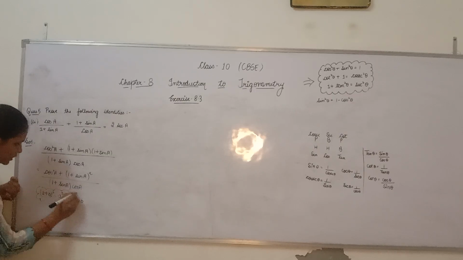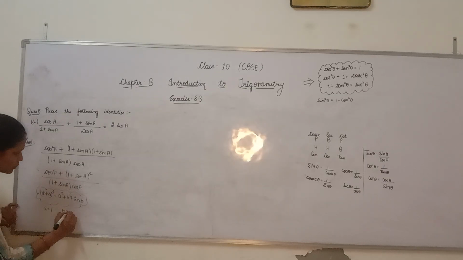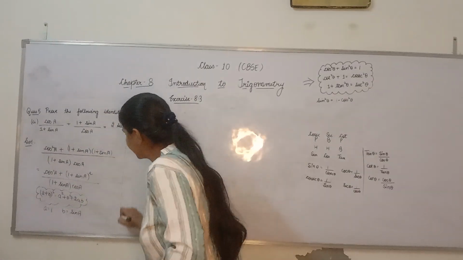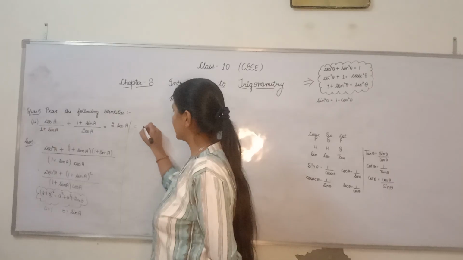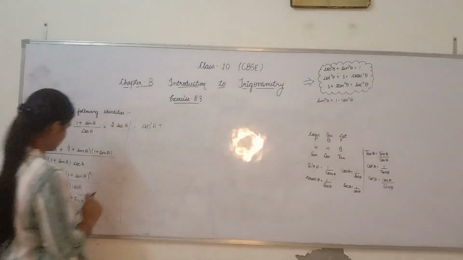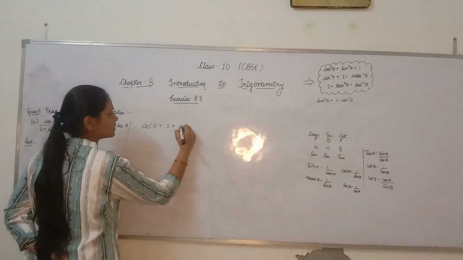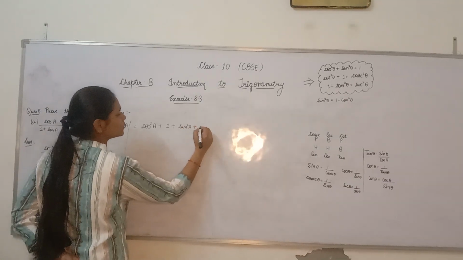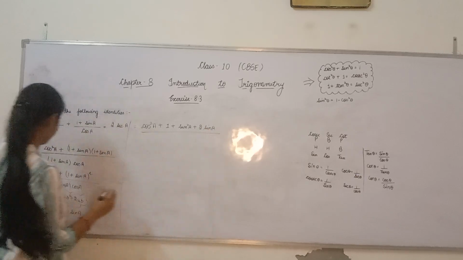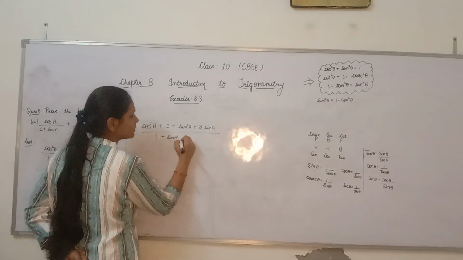Again A should be 1 and B should be sin A. Now we will put this identity in this equation. It will become cos square A plus 1 square, that is 1, plus sin square A plus 2AB, that is 2 sin A, upon 1 plus sin A multiplied by cos A.